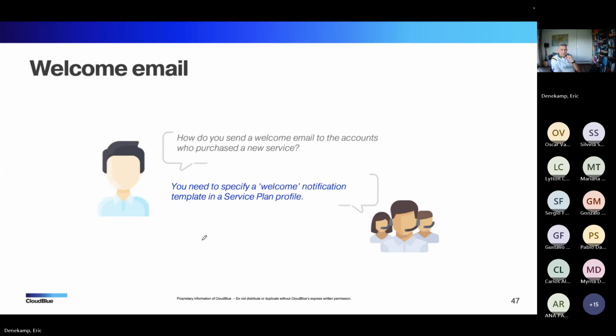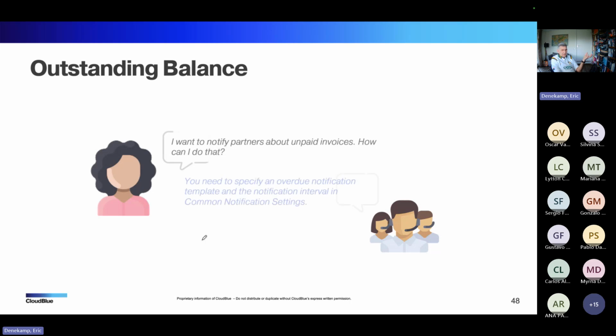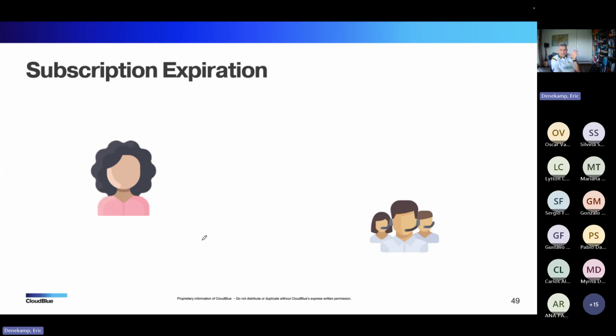Well, there is a welcome notification template in the service plan profile. I showed you that. Outstanding balance: there is an overdue notification in the common notification settings where I can see which template is sent out, edit that one, and send it to the appropriate people.